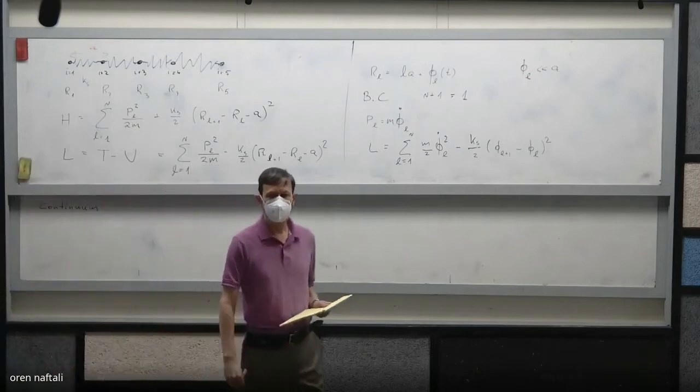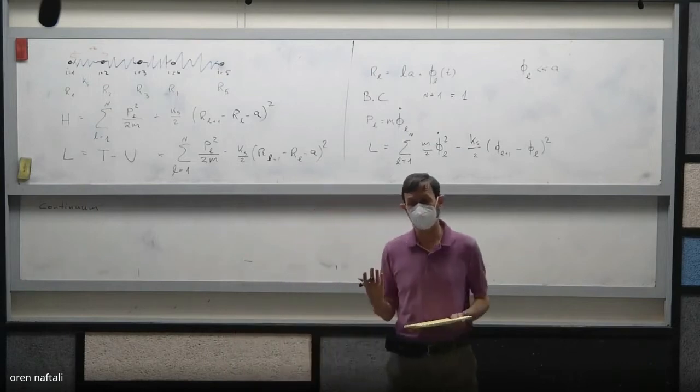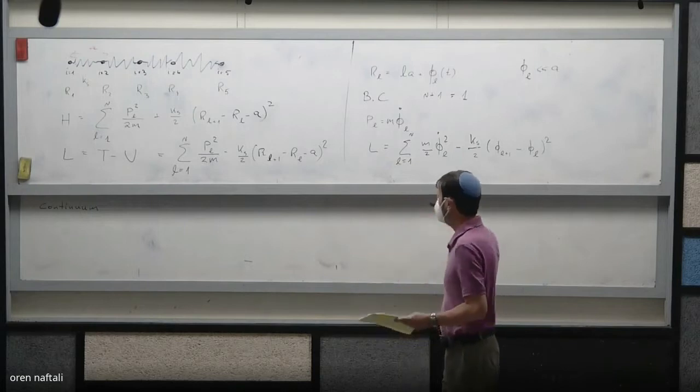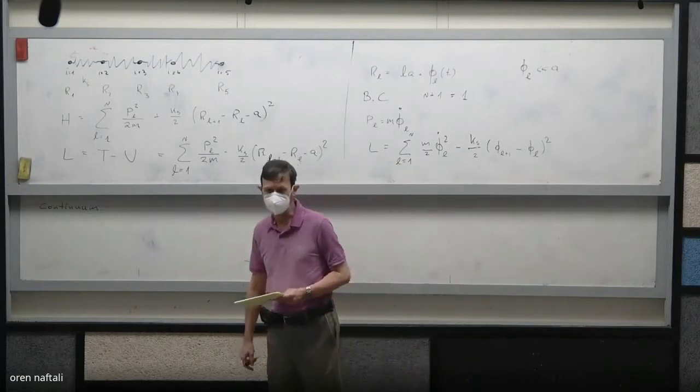What happens when we're considering a continuum? Until now, everything is discrete here.